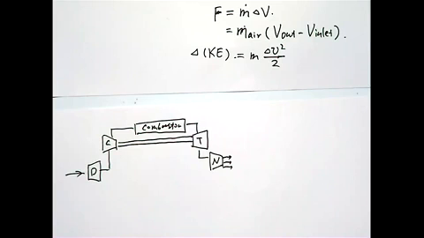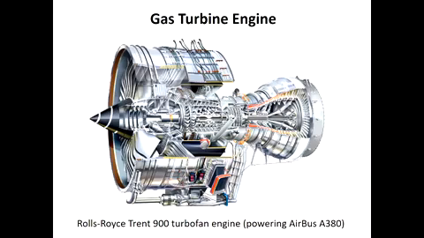So let's look at some pictures of how this thing looks. This is one of the very big engines, a Rolls-Royce engine installed on the Airbus A380. It's the largest passenger aircraft built to date.